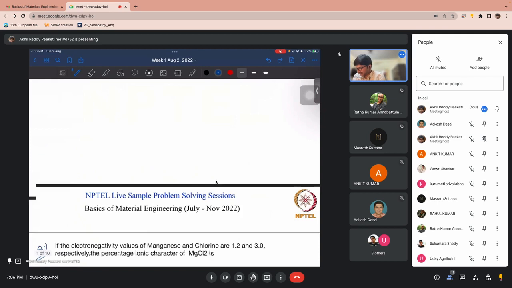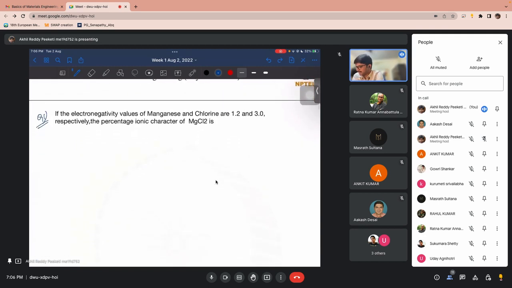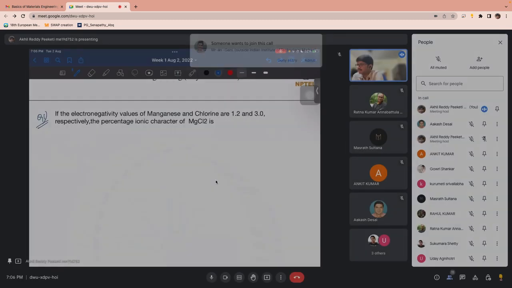So yeah. First question, we'll see about the ionic percentage in different types of molecular structures. Here the electronegativity values for magnesium and chlorine are given, and we are supposed to find out the percentage ionic character for MgCl2.